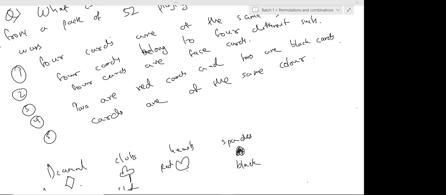No, no, Shabya, in total we have 12 face cards. So you only need to select 4 out of 12. So 12C4. Yes.